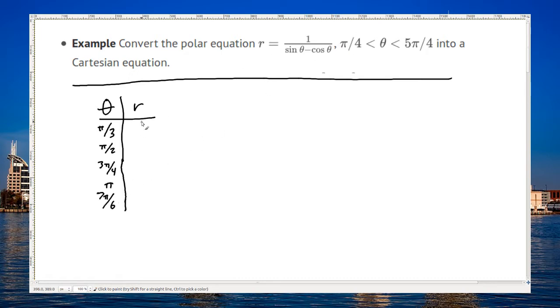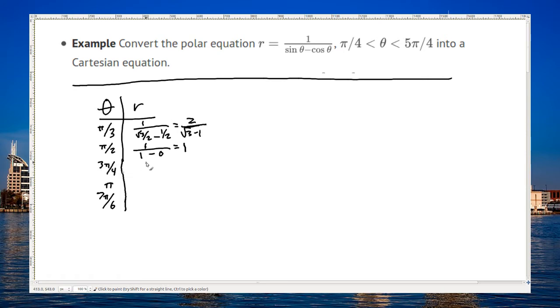And if I plug those in, I get sine of pi over 3 is root 3 over 2. Cosine of pi over 3 is 1/2. Here at pi over 2, I get 1 over sine of pi over 2 minus cosine, and cosine would be 0. So I know what that one is exactly. That's a 1. This one's a little bit harder. That's 2 over root 3 minus 1, something like that.